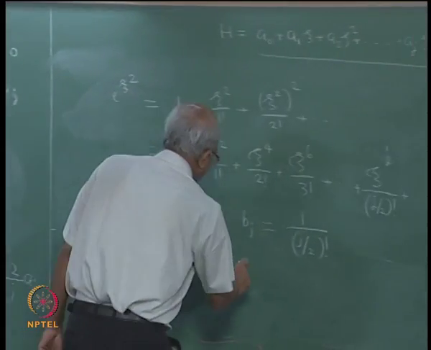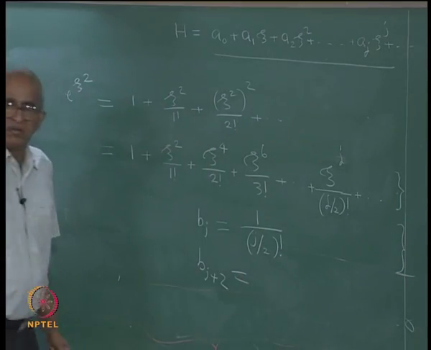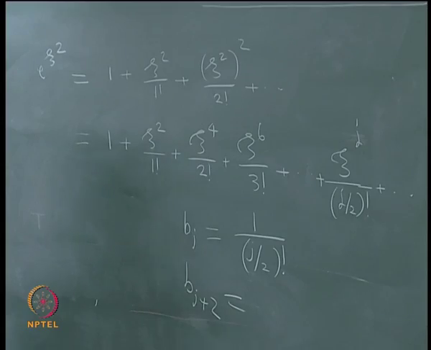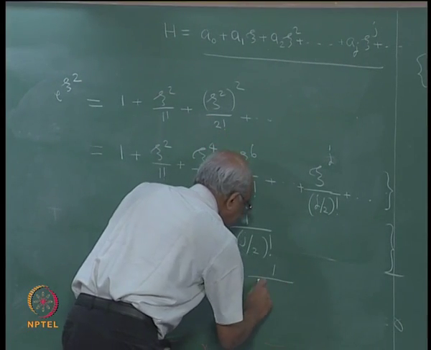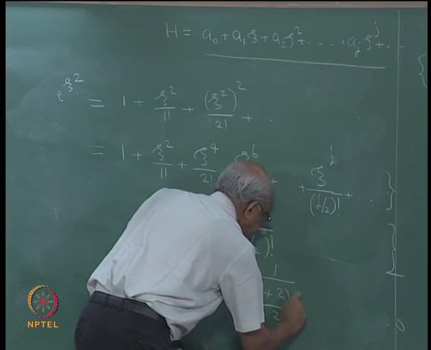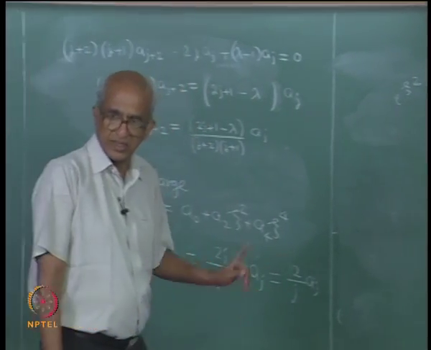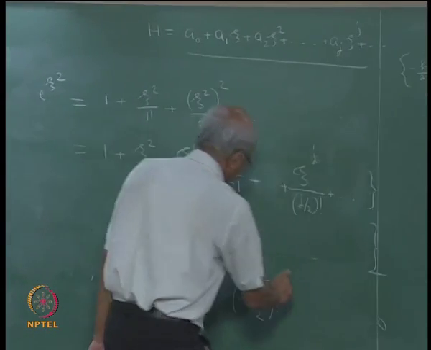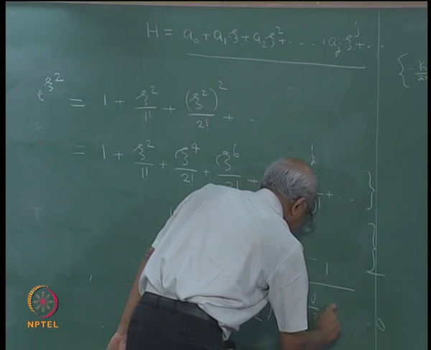So, what will be bj plus 2? The next term is going to be bj plus 2, and it will be equal to 1 by ((j plus 2) by 2) factorial, and that will be equal to 1 by (j by 2 plus 1) factorial.